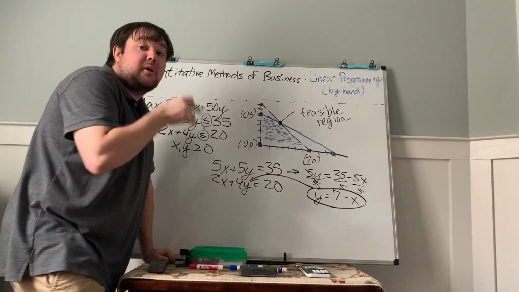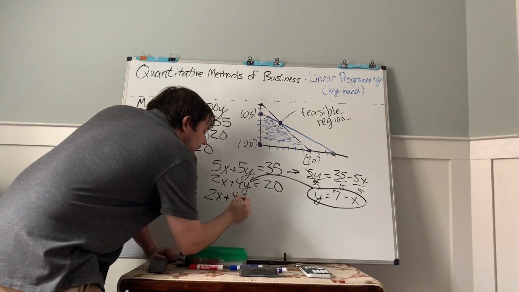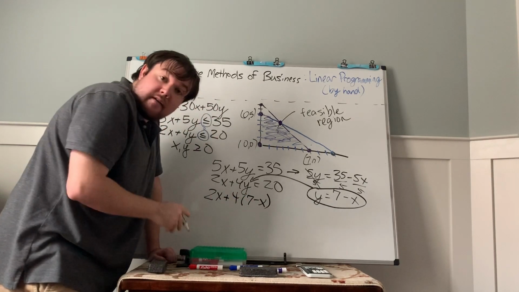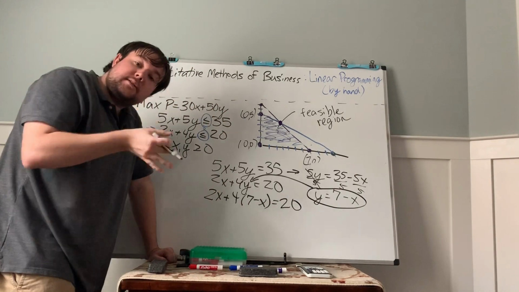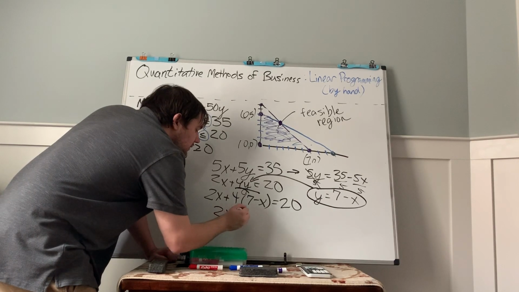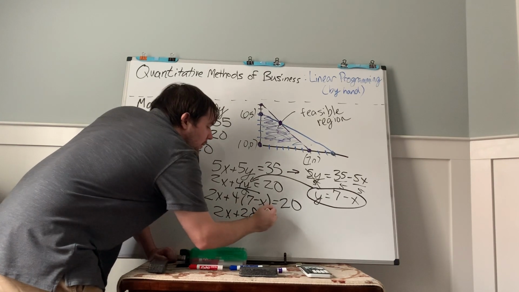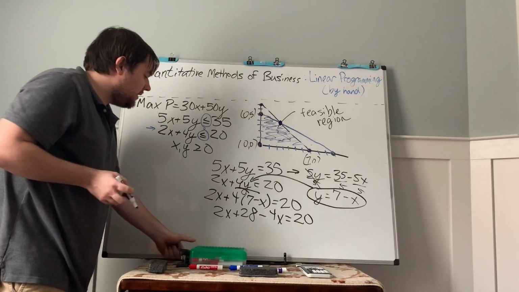Worked out really nice. We can now take that and plug it into our second equation, meaning we replace the y here with 7 minus x. And then we solve from there. So I'm going to distribute this 4, get 2x plus 28 minus 4x is equal to 20.